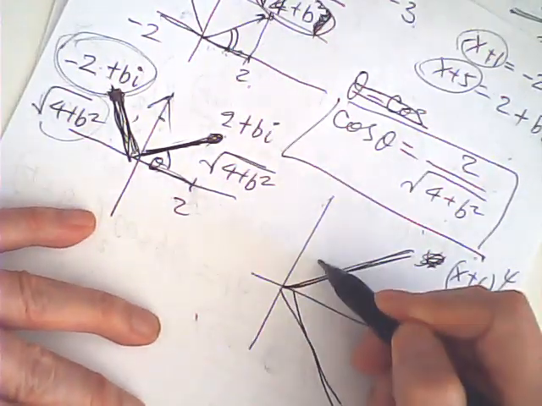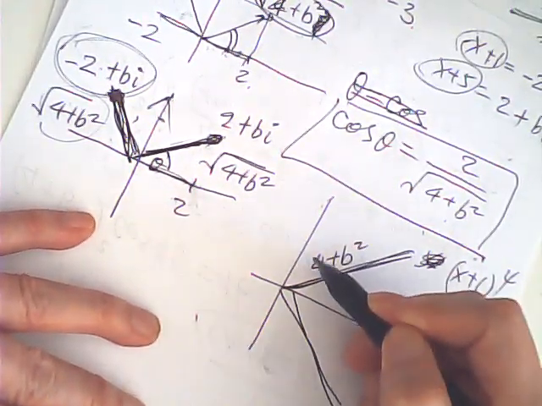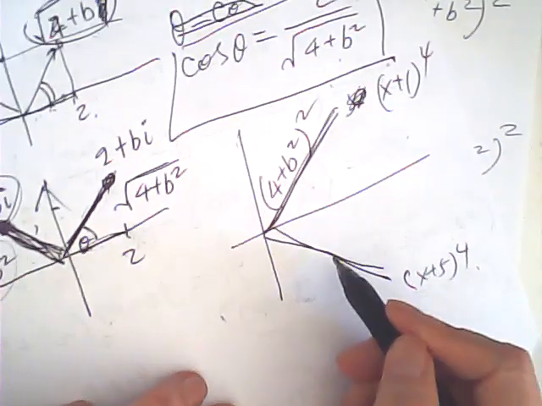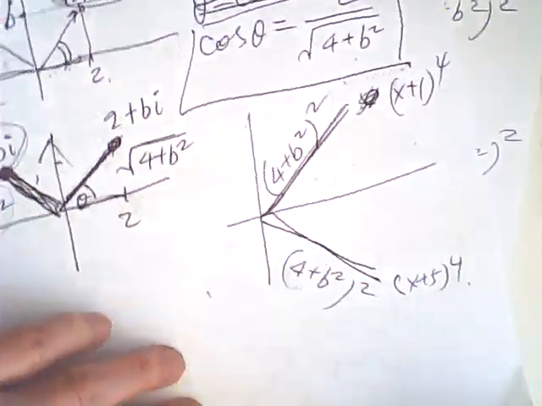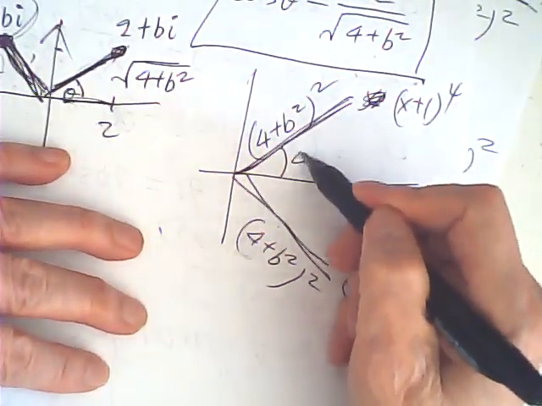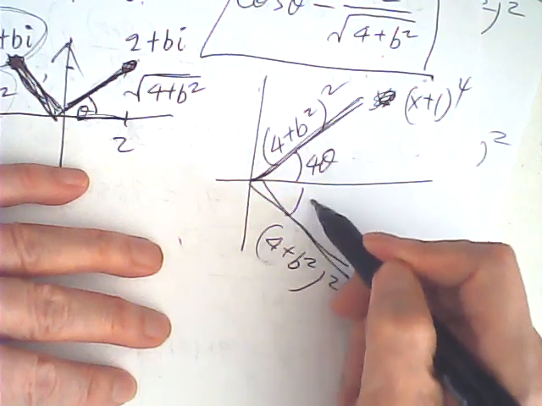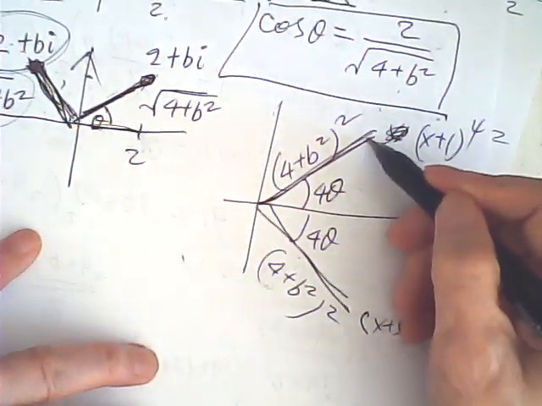This length is 4 plus b squared, squared. This angle is 4 theta.